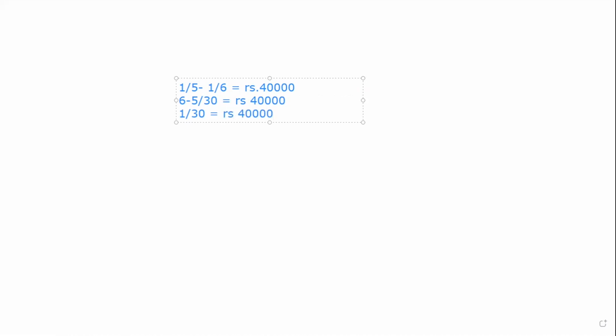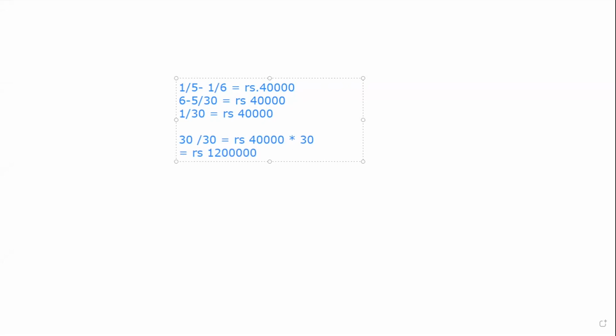Here they are asking what is the total amount. The total amount is going to be 30/30 portion, right? So 30/30 is equal to rupees 40,000 into 30. So the answer is rupees 12 lakhs.